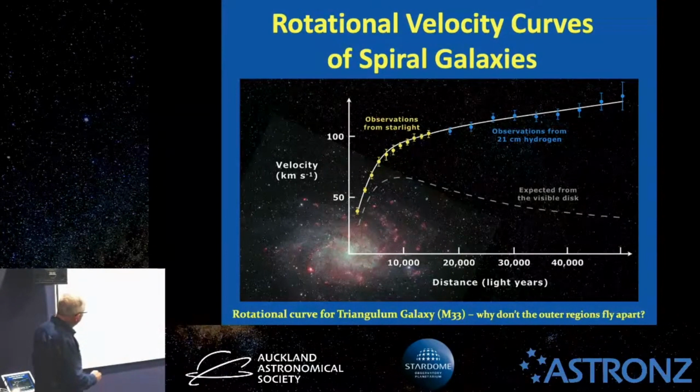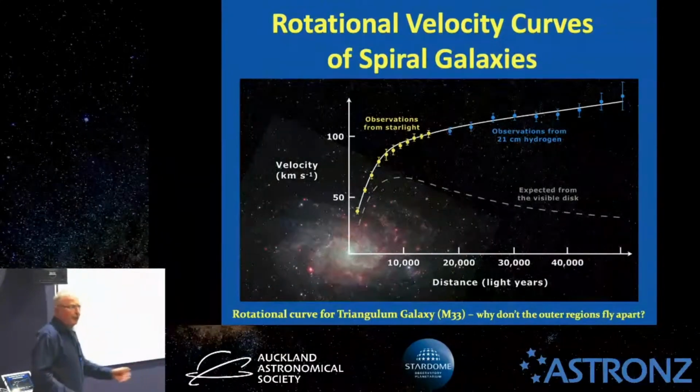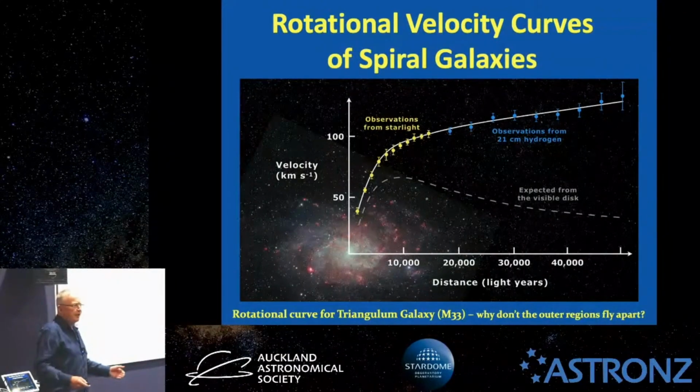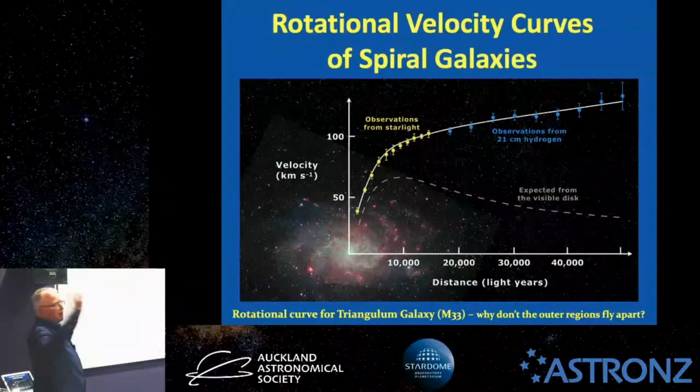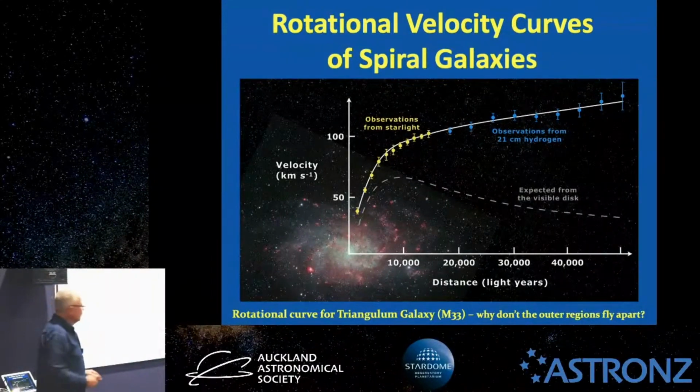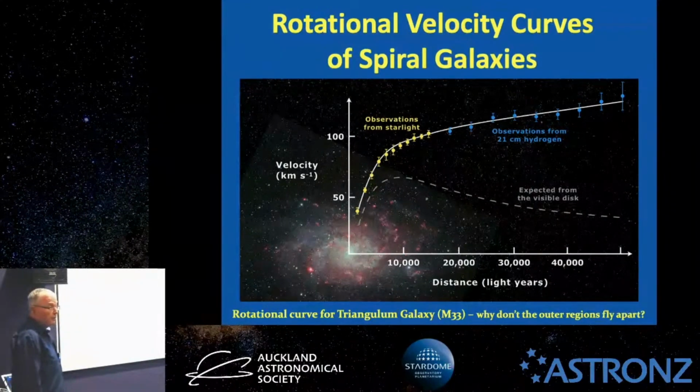The laws of physics tell you this is what's expected, because as you get further and further out, the velocity must drop off. If the velocity remains high out there and you don't have mass further out in the galaxy, the stuff's just going to fly off in all directions. One of the formulas for working out the mass inside a certain area in a spiral galaxy is to work out the velocity, and from the velocities you can work out the mass inside that area.